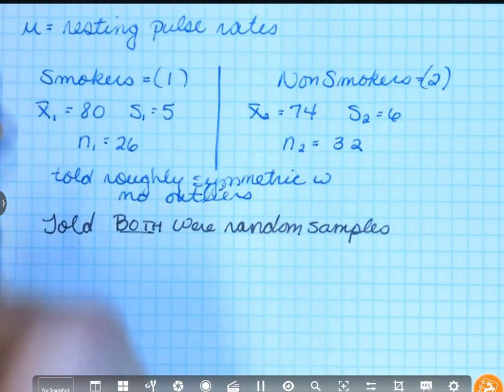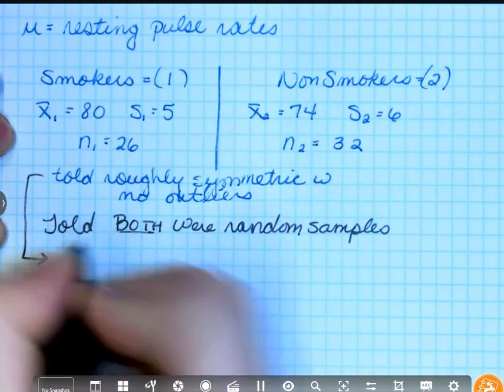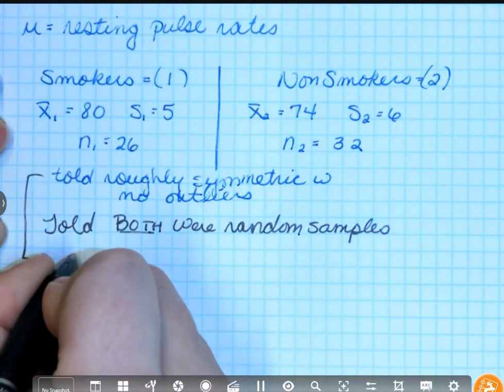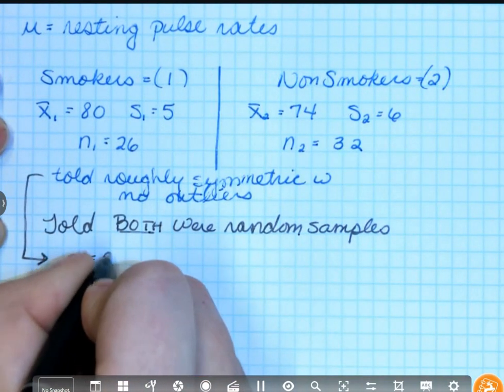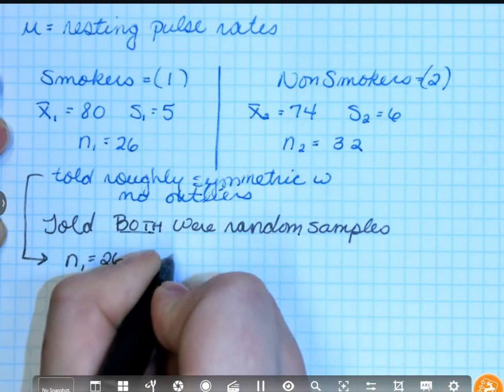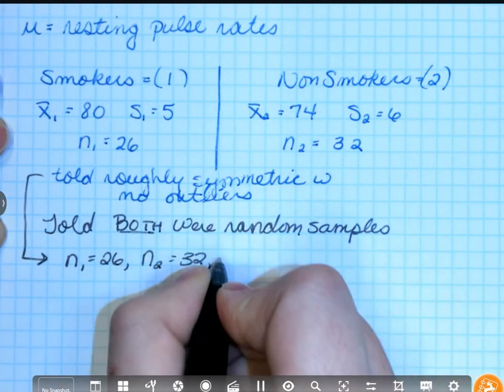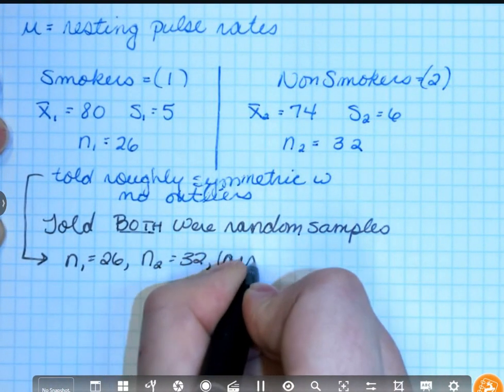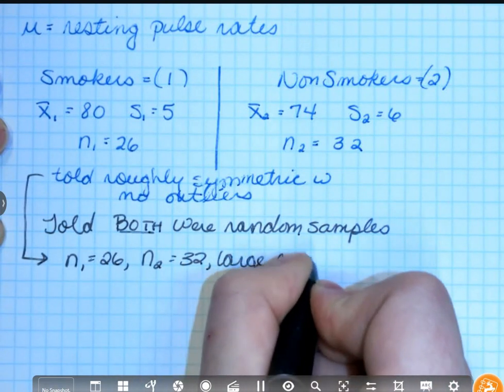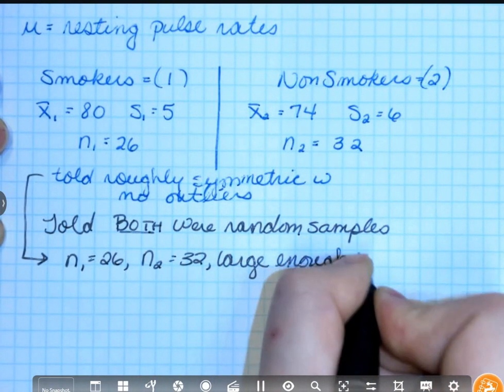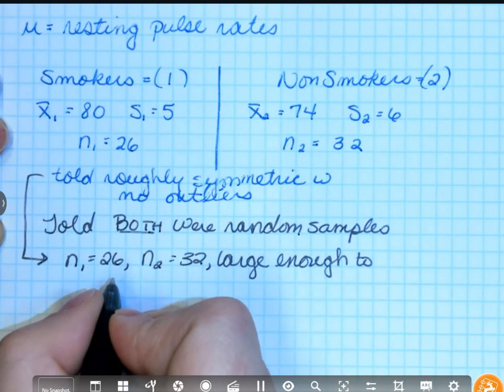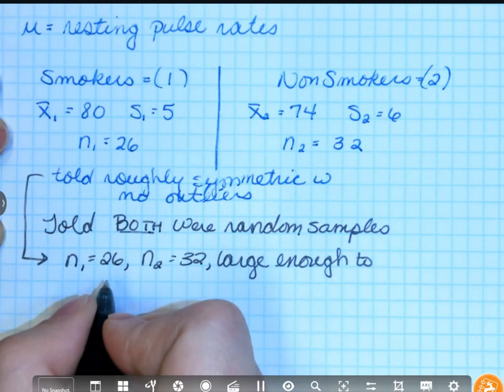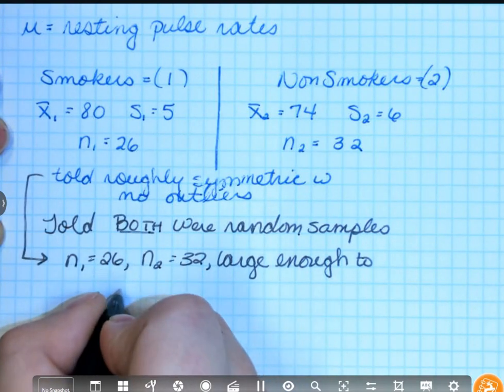So, what I can say is because of that, with N1 at 26 and N2 at 32, we are going to be large enough to do what? To assume nearly normal.